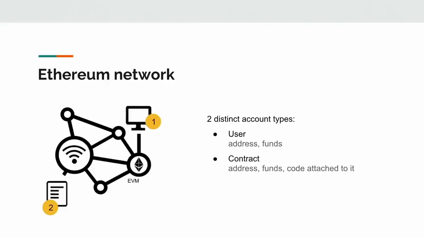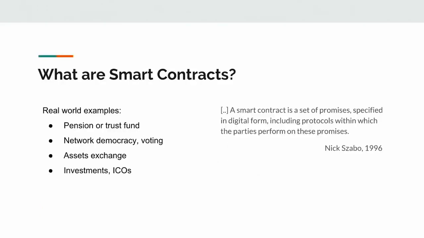And that's how the workflow starts. The user calls a contract, then the contract performs some actions, and if this action is approved by the contract, it can be distributed throughout the nodes of the network, and each node validates it and adds it to the blockchain if it's valid.